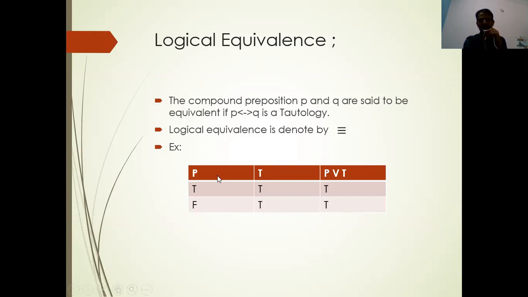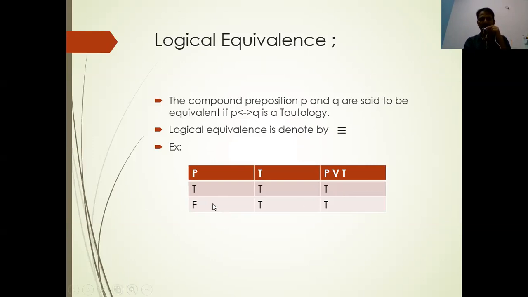A simple example. P is a statement, and the truth values for P are two only, true or false. Now I'm taking the second statement, which is always true. So P or T. If P is true and T is true, then P or T is true.